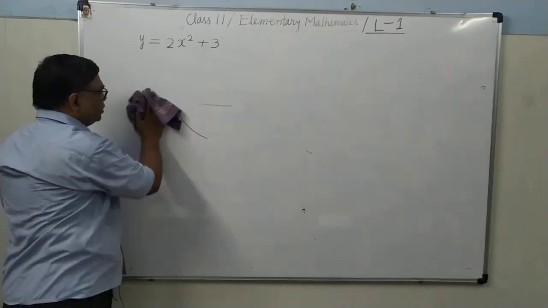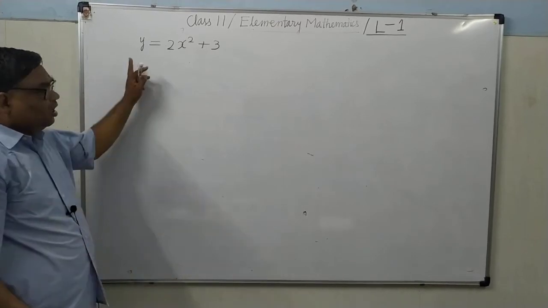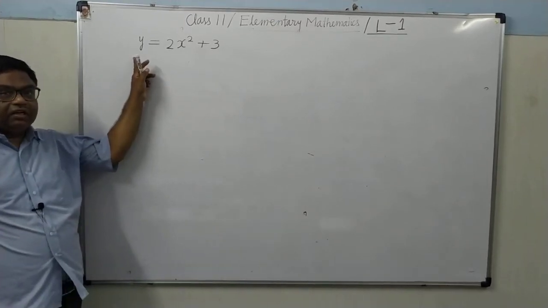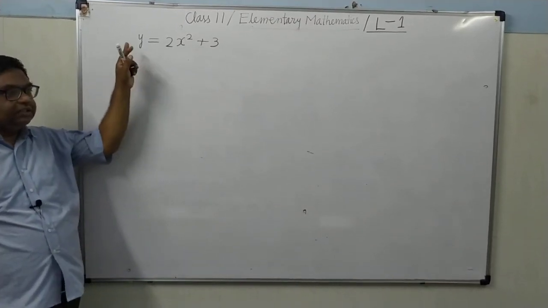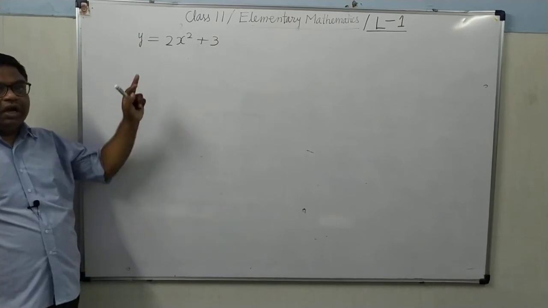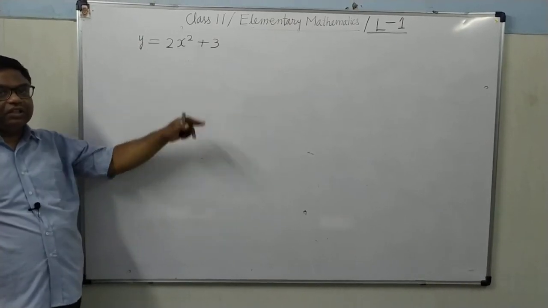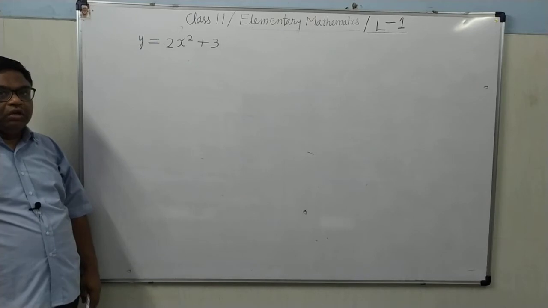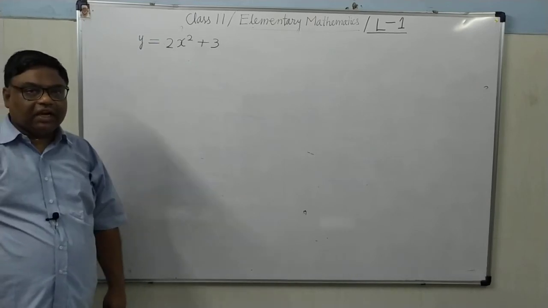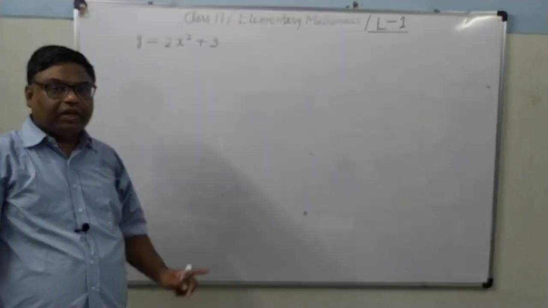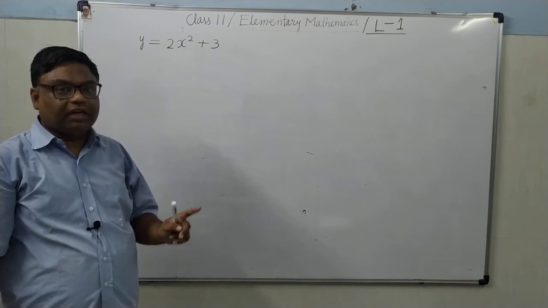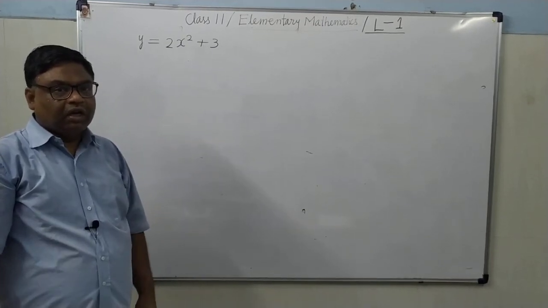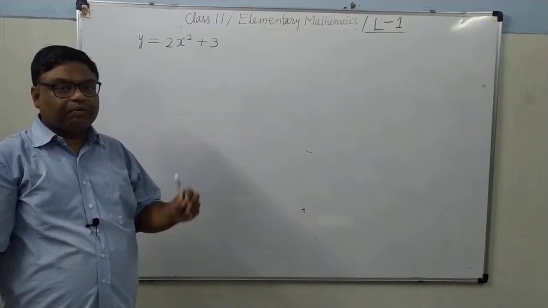If any equation is like this, in which the dependent variable has highest power 1 and the independent variable expression has highest power 2, one variable is linear and the other is quadratic. Linear means highest power 1, quadratic means highest power 2.